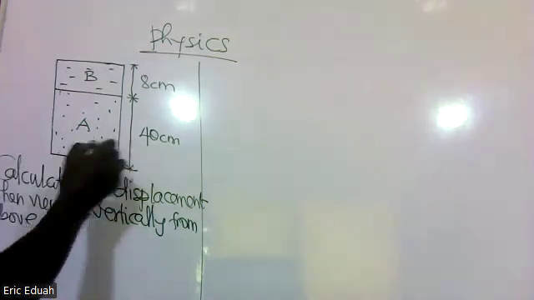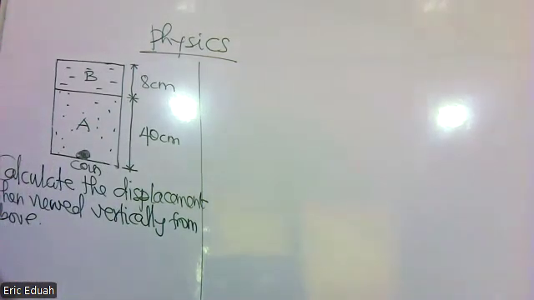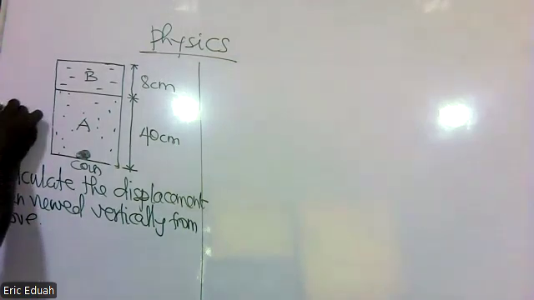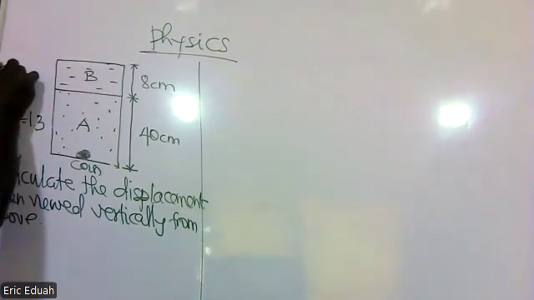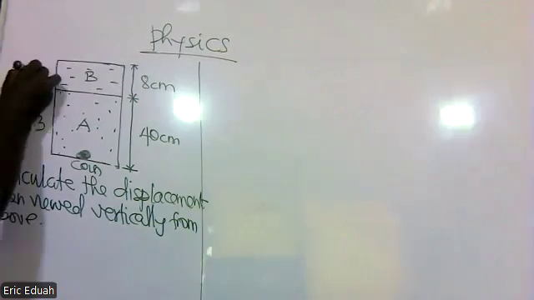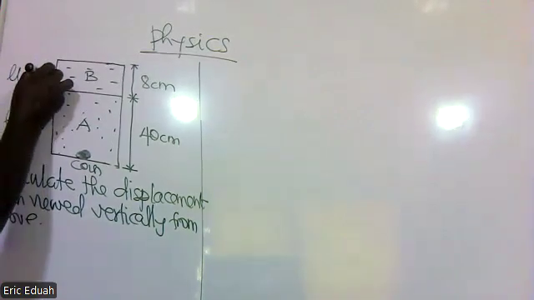The refractive index of A is 1.3. Refractive index of B is 1.4.